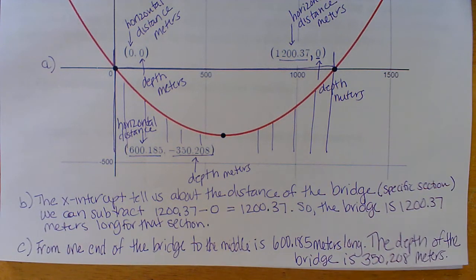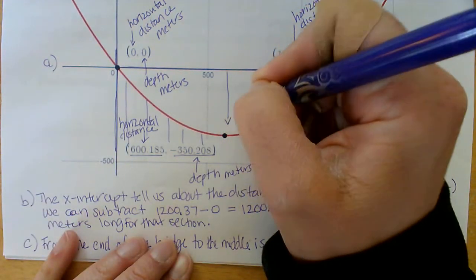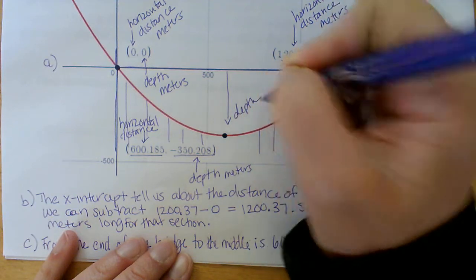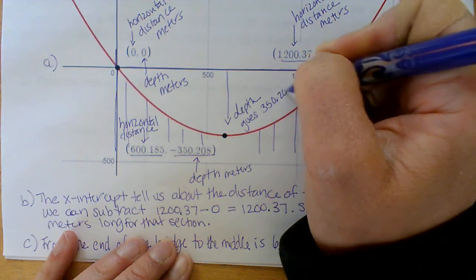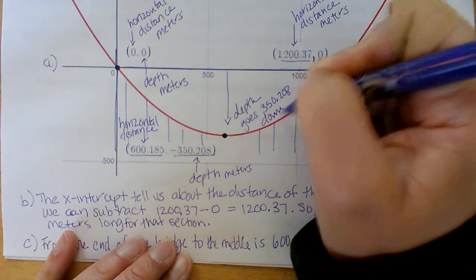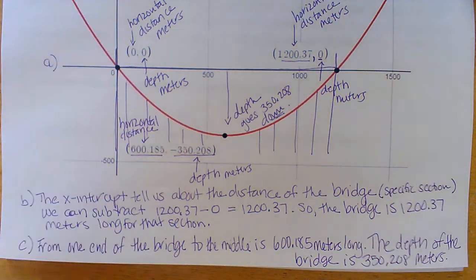The depth of the bridge is 350.28 meters. So that's how far down it goes. And that's why it's represented as a negative, because it's going down.